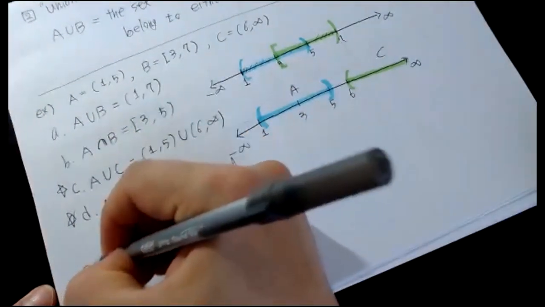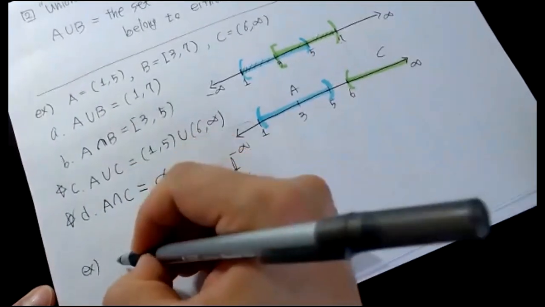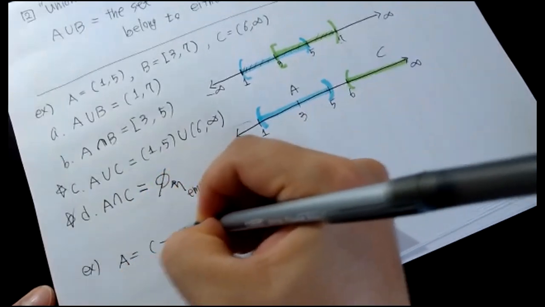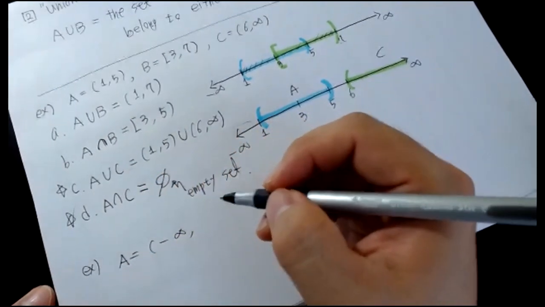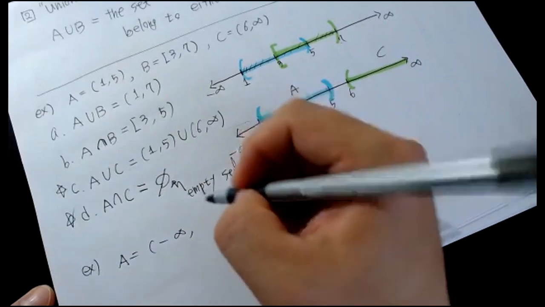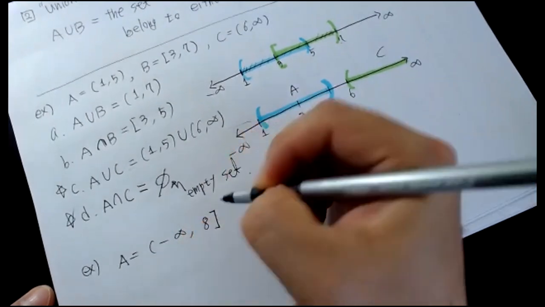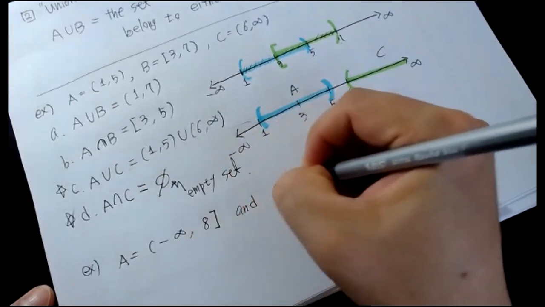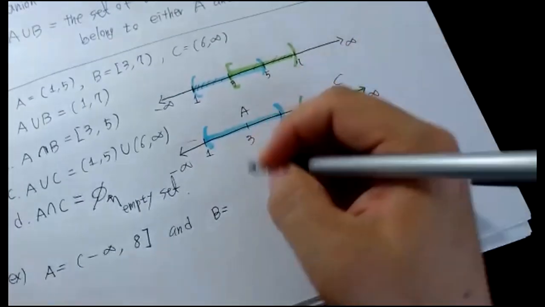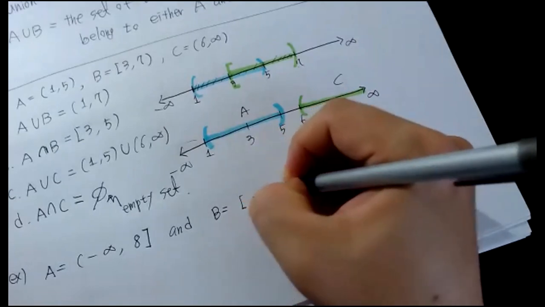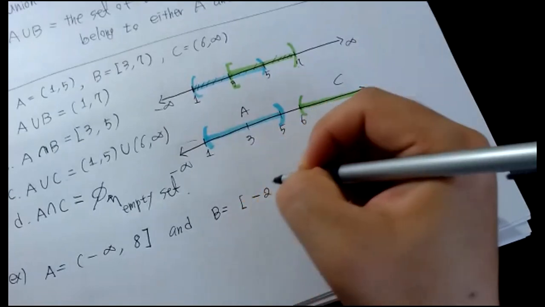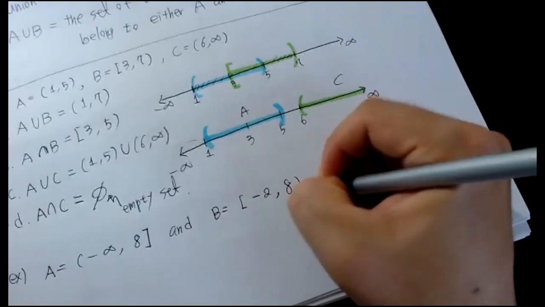So let's see another example. Let's say A is negative infinity to, I don't know, maybe 8, closed. And let's say B is the closed interval negative 2 to 8, open.